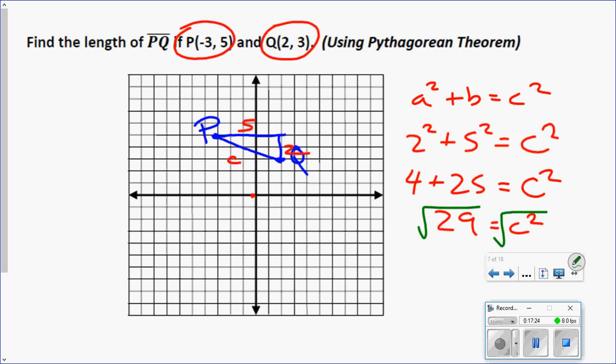Then I won't write it as 5.38, or 5.39, or 5.4. Let's call it 5.4. That's the distance, a length of 5.4. It doesn't give me inches or what units I'm in, so it's just 5.4 units. Kind of generic.